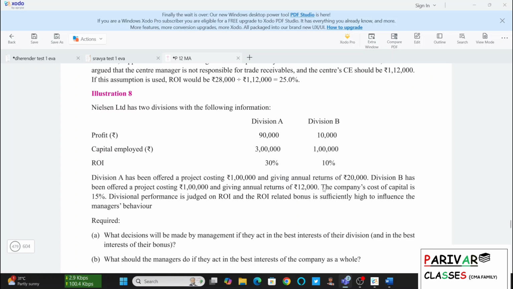He is saying the company's cost of capital is 15 percentage. This is not necessary for us. We just have to find out the company's overall ROI. How will we do this? Company's overall ROI means profit divided by capital employed. Nothing but 90,000 plus 10,000, 1 lakh, divided by 4 lakhs.